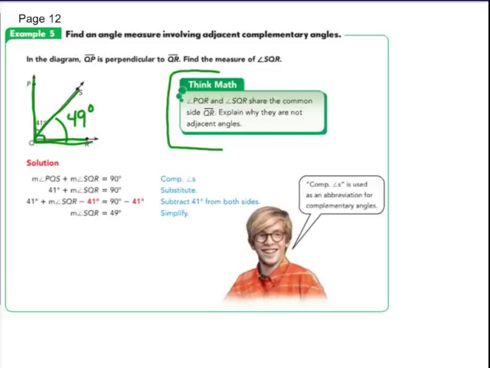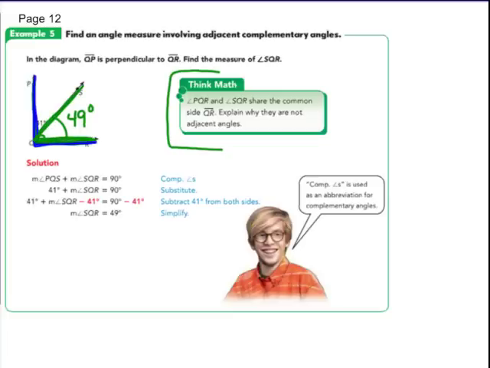Because SQR is nested inside of it. PQR is the larger outer angle. It's all of the two angles put together here. And SQR is inside of PQR, that blue one. So those are not adjacent.